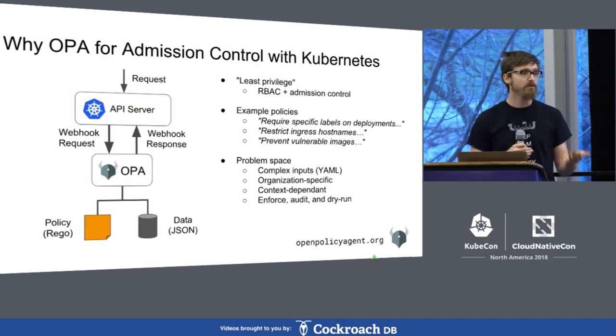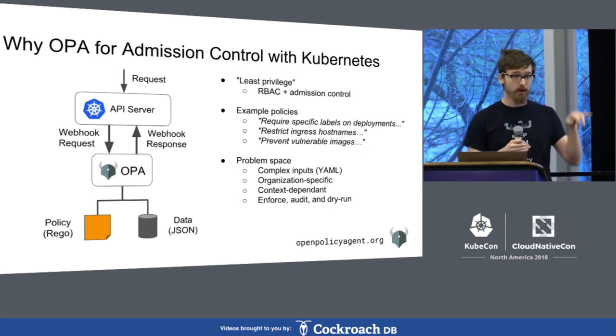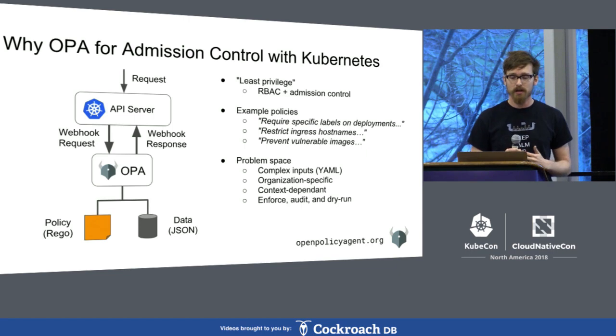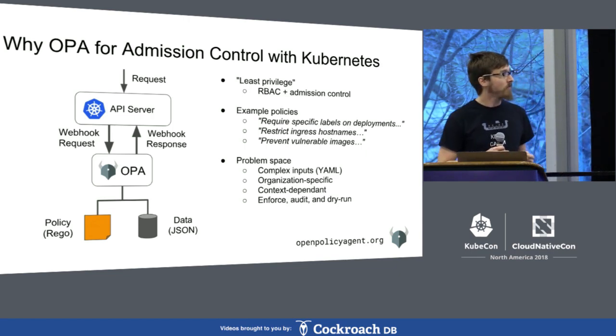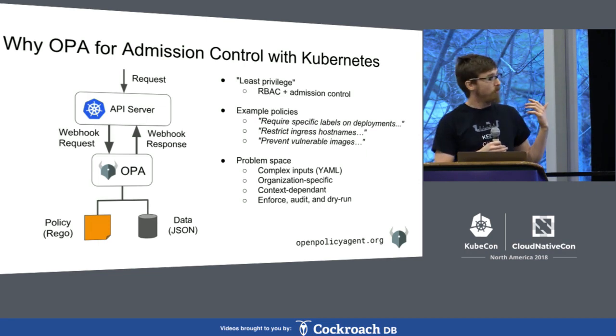So the language that OPA gives you is kind of purpose-built for dealing with these deeply nested data structures. You can kind of dot into them and search over them and express assertions. You can leverage external context in your policies. And one of the neat properties of OPA and of the policies that you write with OPA is that you can query them in different ways. So not only can you take them and deploy them for enforcement, but you can also ask different questions.